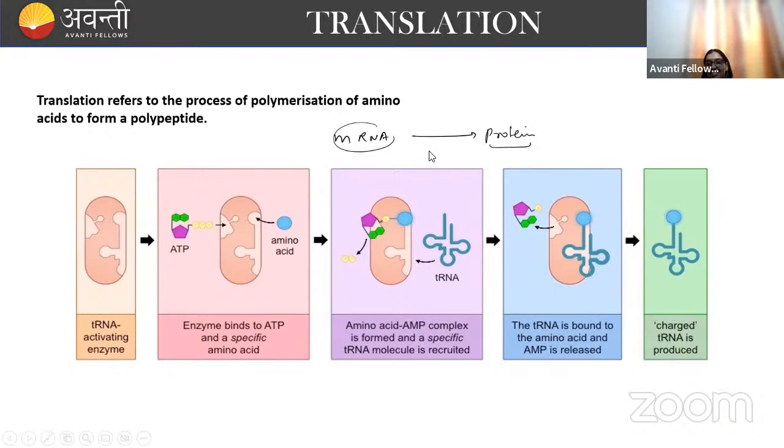The first step of translation is the charging of tRNA. Charging means the attachment of the amino acid to the respective tRNA. The enzyme involved in the charging of tRNA is known as aminoacyl tRNA synthetase.